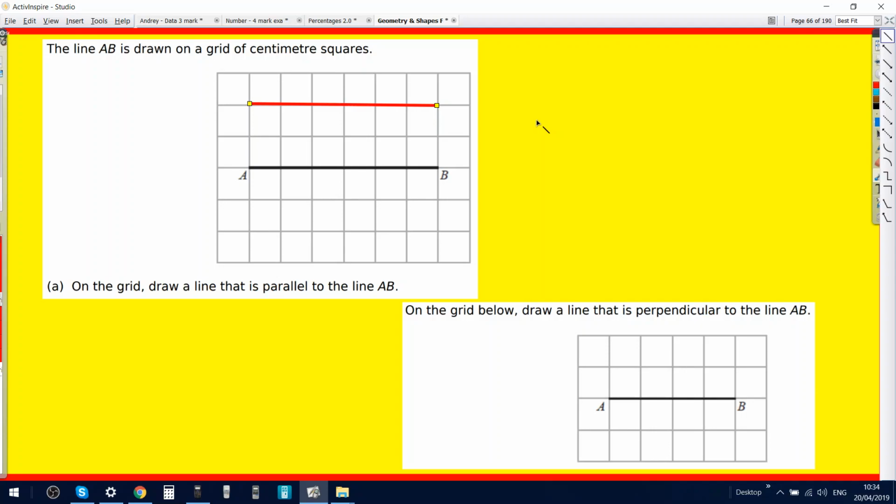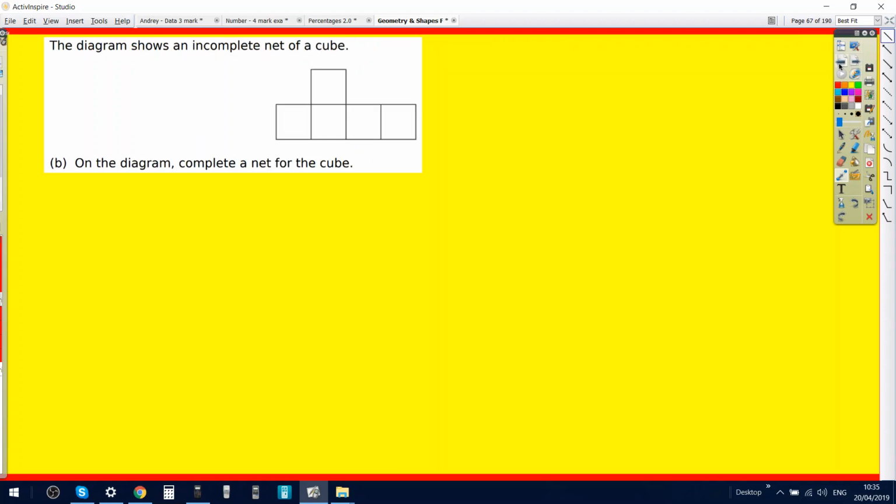I'm not sure. I know perpendicular is kind of like... Actually, no. I might be thinking of something else. It's like a right angle to it. Okay, so could you just draw a line going up from A? Yeah, something like that. Anywhere on that line. So it goes directly through it, not diagonal.